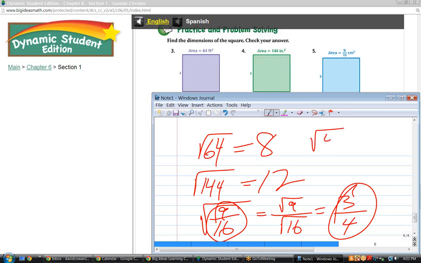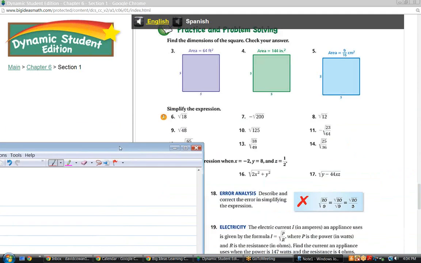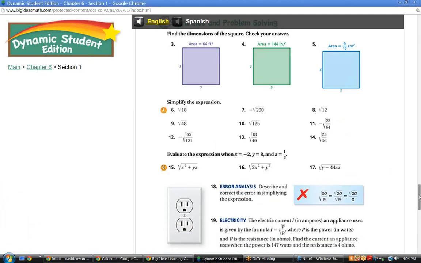If I take the square root of 4, I get 2, which is a number greater than 1. But if I take the square root of 1/4, I get 1/2. This is bigger than that. Okay, so that's a good thing to remember about square roots.